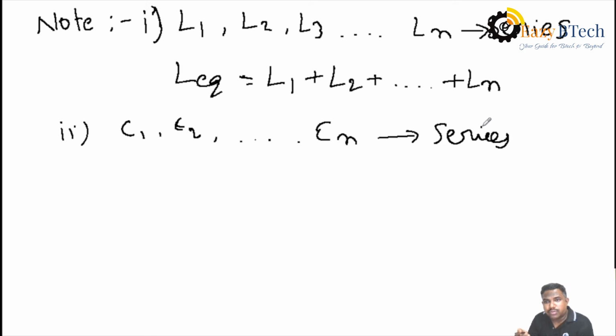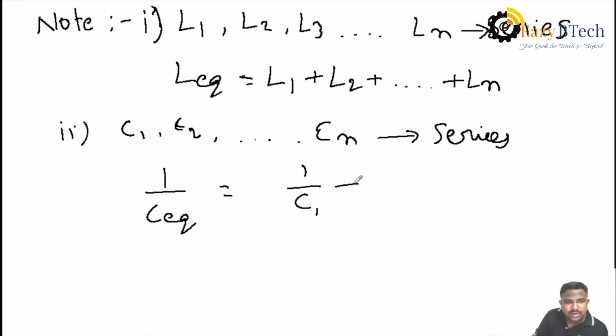We know that the voltage is proportional to 1 by C. That's why in series connection, the equivalent capacitance is given by 1 by C equivalent equal to 1 by C1 plus 1 by C2 plus 1 by C3 and so on.